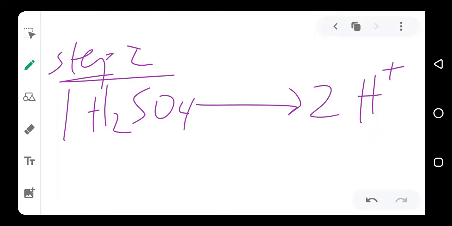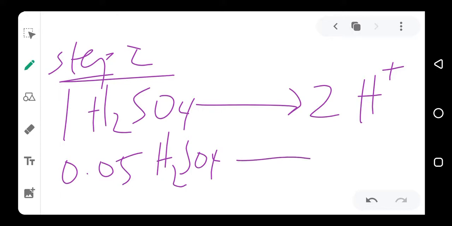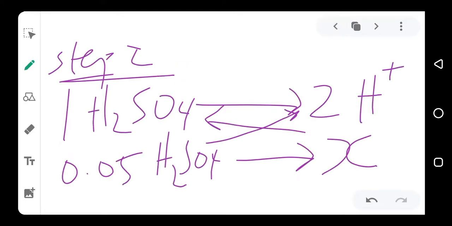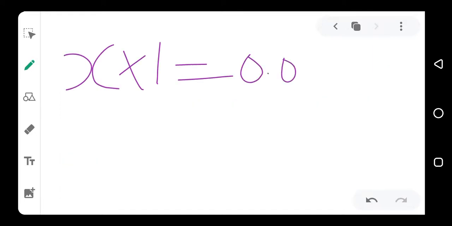So we say if 1 gives us 2, 0.05 H2SO4 will give us what? Let's call it X. Now what we do is cross multiplication. This X going to this one and this 0.05 going to 2. And so we have X times 1 is equal to 0.05 times 2.